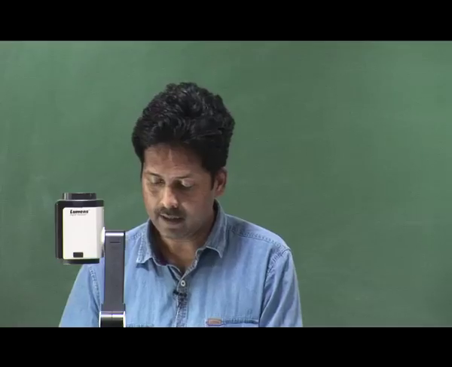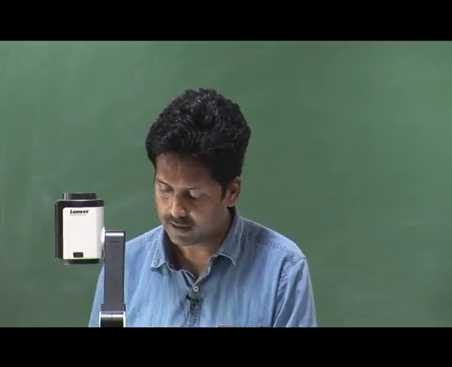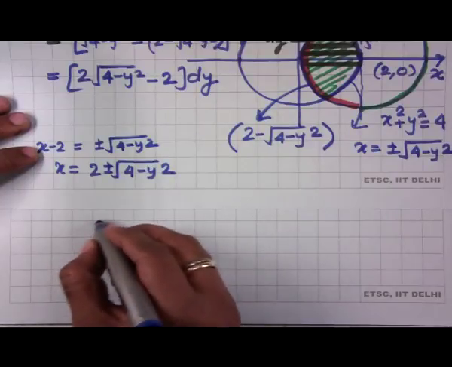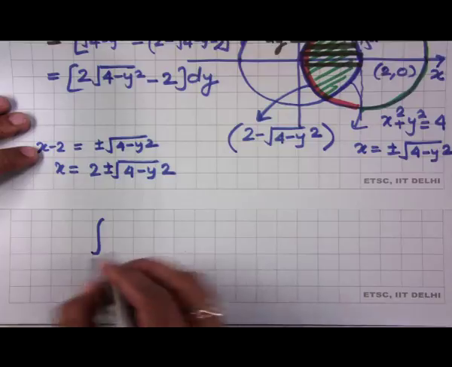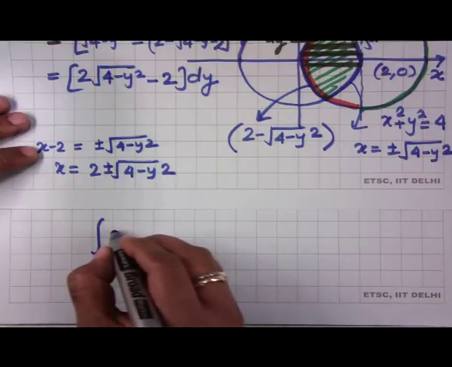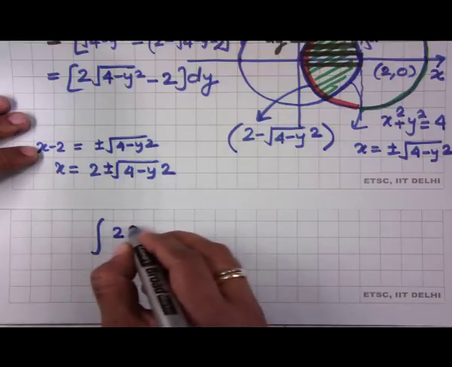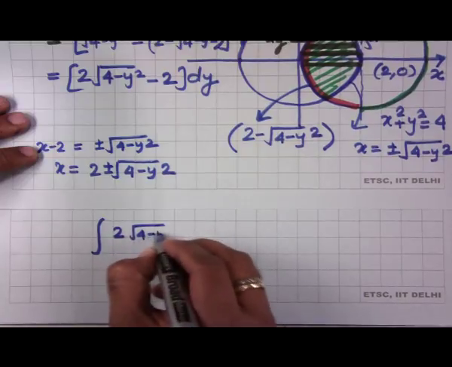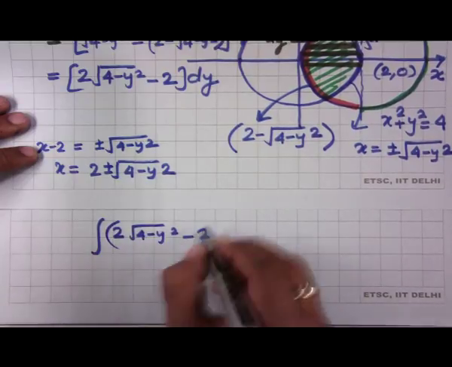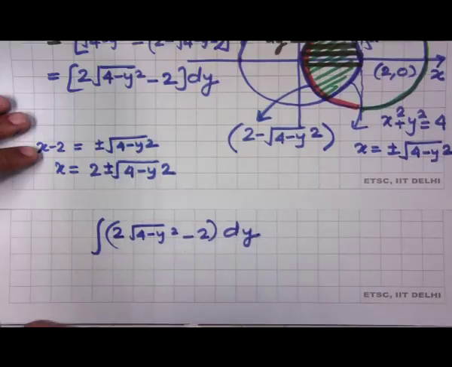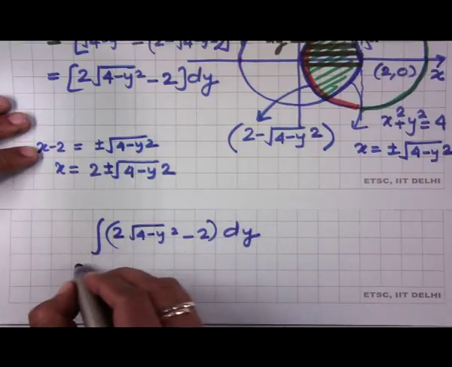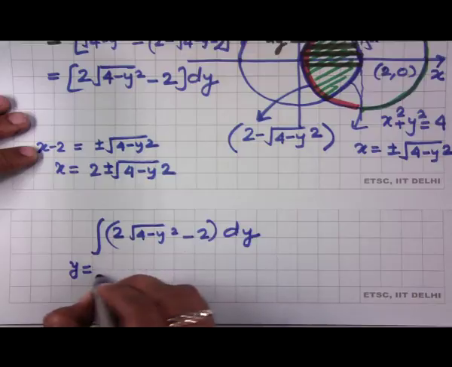So, the required elementary area, if integrated, gives the actual area, that is the integration of 2 under root 4 minus y square dy, y from minimum to maximum.